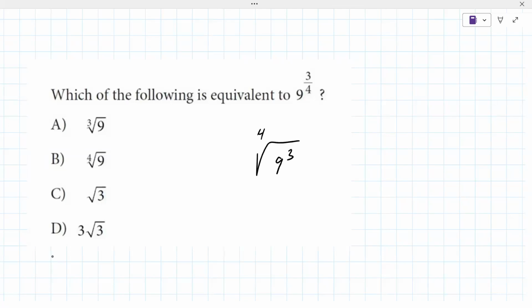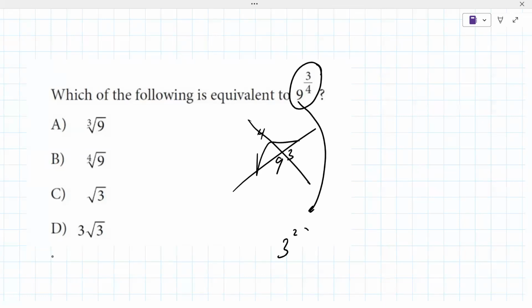Yeah, that's as far as I got. Okay. This is not the correct way to do it. The correct way is to rewrite 9 as 3 to some power, 3 to the power of 2.